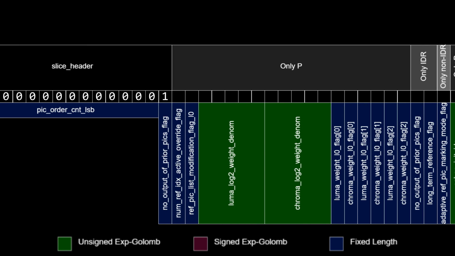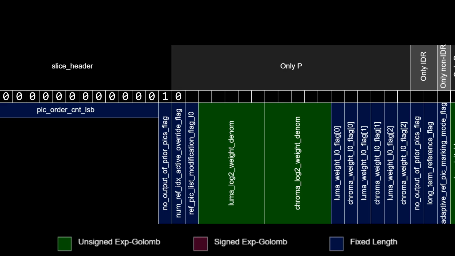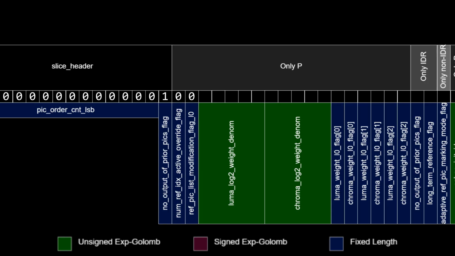Finally, if this is a P slice, we'll encode the num-ref-idx active override flag as a 0. Next, if our slice type is P, encode 0 to indicate that we aren't modifying our reference picture list. Then, encode our prediction weight table. First is the Luma log2 weight denominator. This determines the Luma weight position.